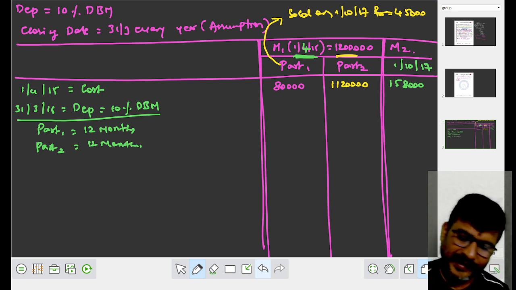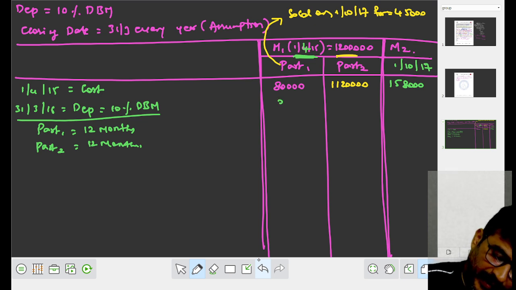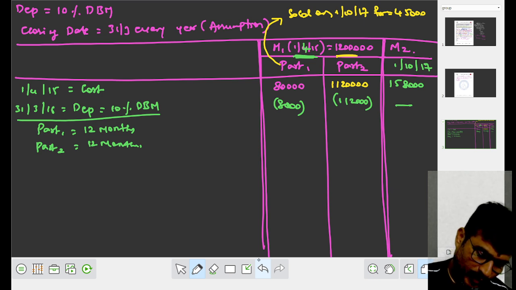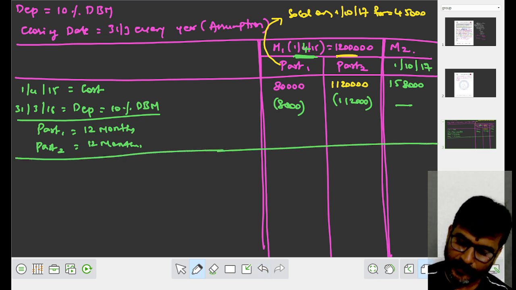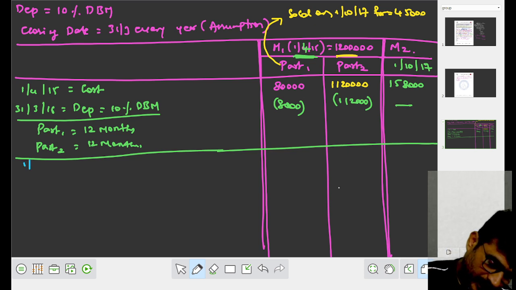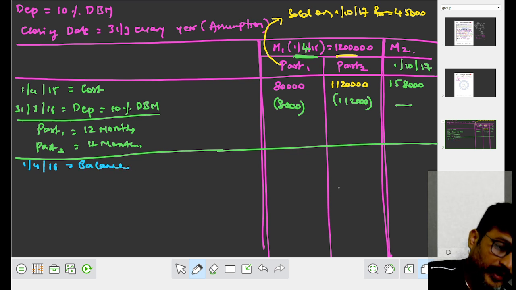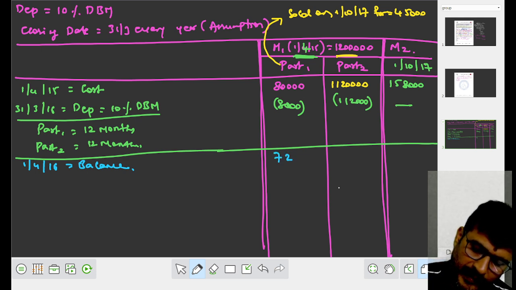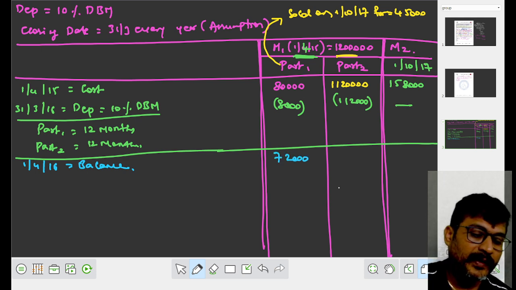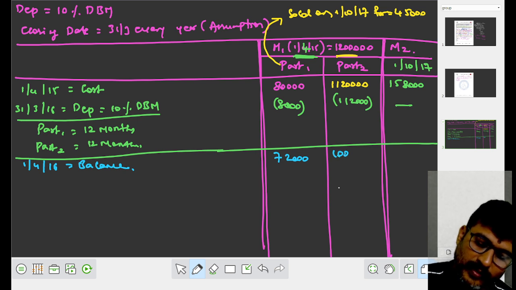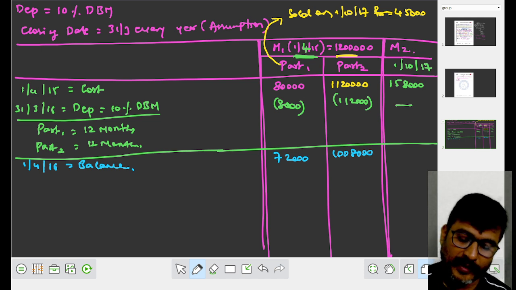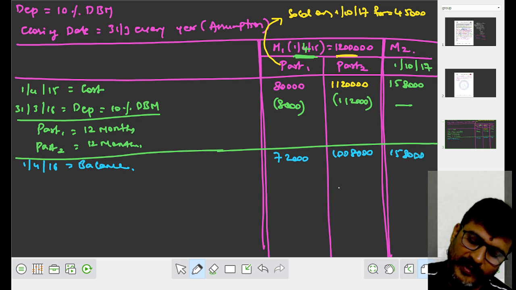Use the calculator: 80,000 times 10% times 12 by 100 comes to 8,000. Here it comes to 1,12,000. Nothing for the new machinery. Now what should I write? 1st April 16. We have to write the balance. It comes to 72,000, and then 10 lakh 8,000, which is the same as 10 lakh 80,000.